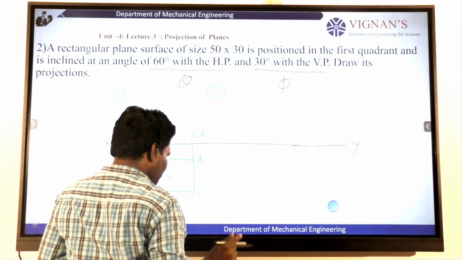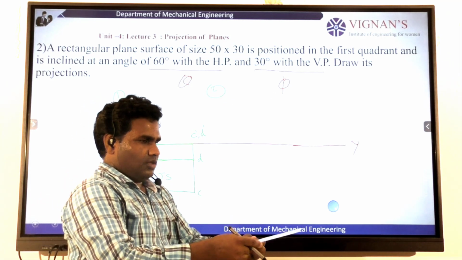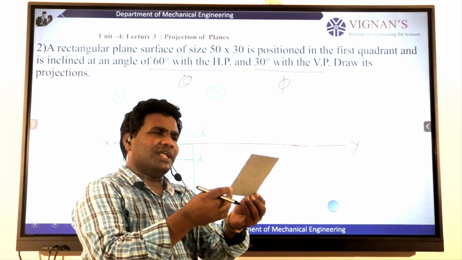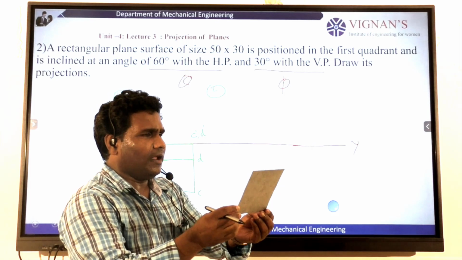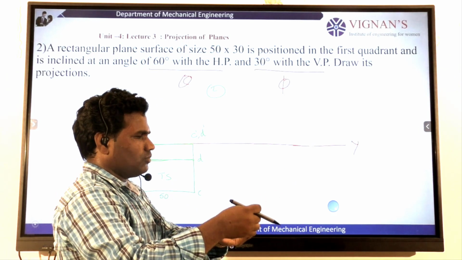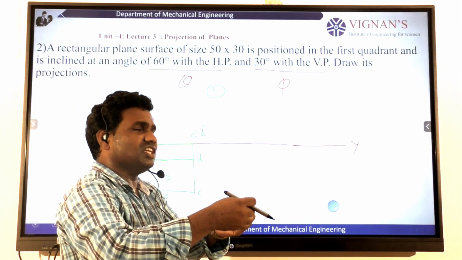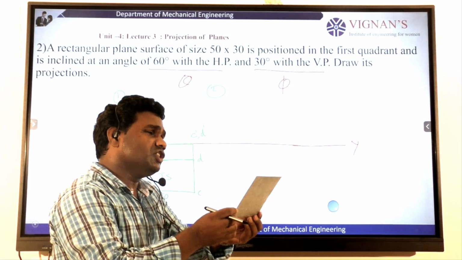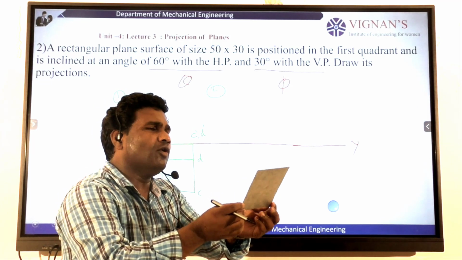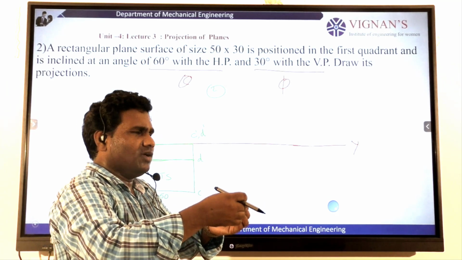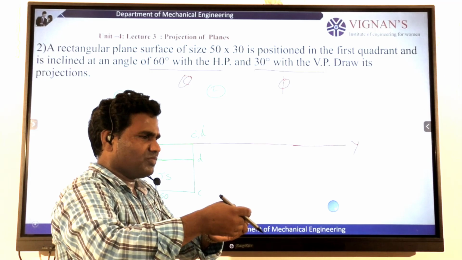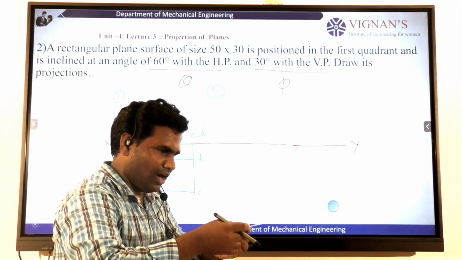What is the second step? What we assumed, actually the plane is like this. The plane is making an angle 30 degrees with VP and 60 degrees with HP. Initially we removed the angle with VP and kept the angle with HP, and again we removed the horizontal plane inclination.